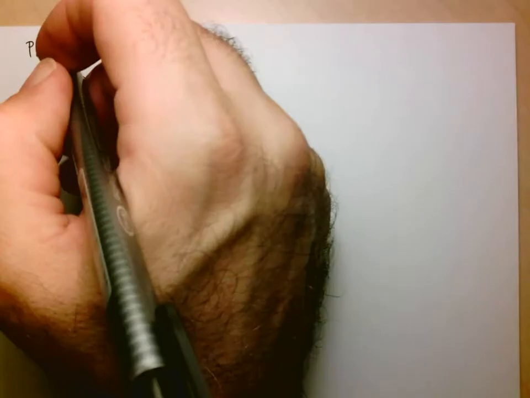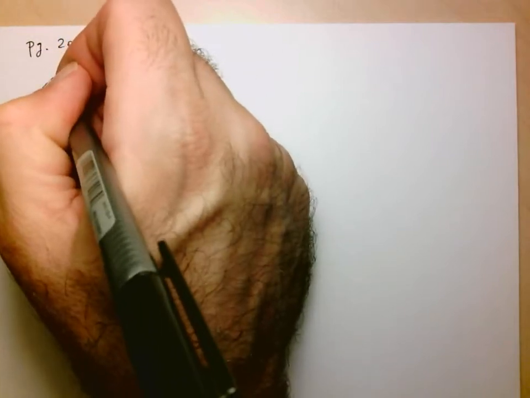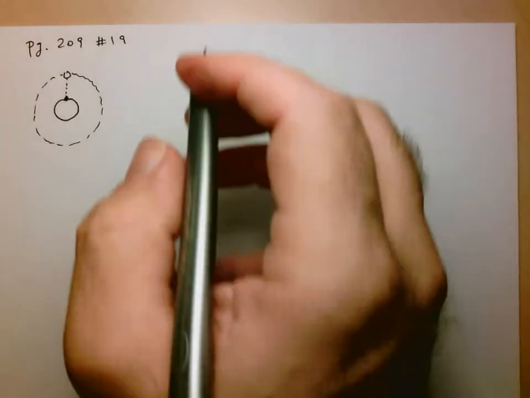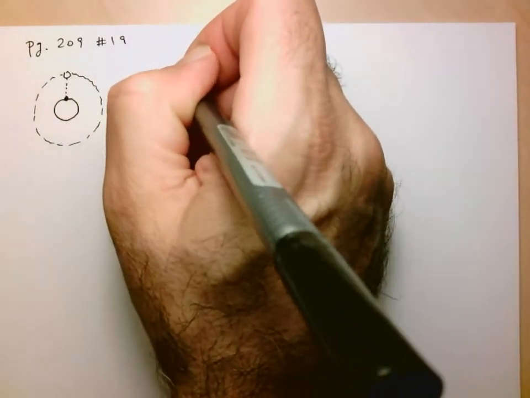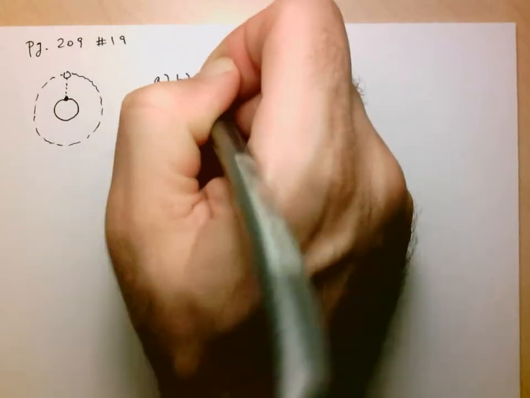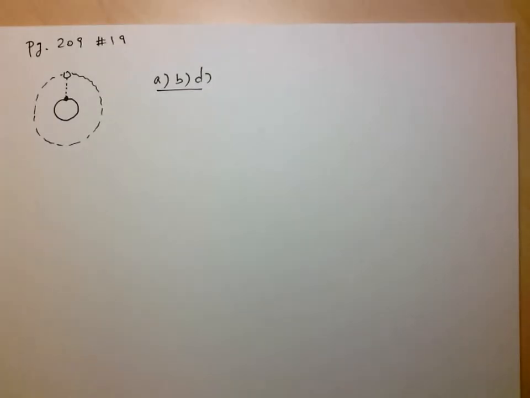It's in what's called a geostationary orbit, meaning the satellite is always above the same point on the Earth. So we can answer questions A, B, and D essentially all together. Question A says, explain how such a satellite could remain over the same point as it orbits the planet.